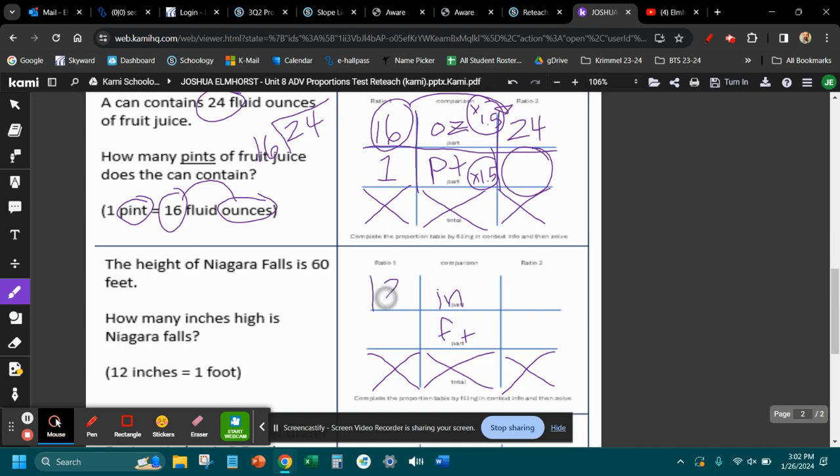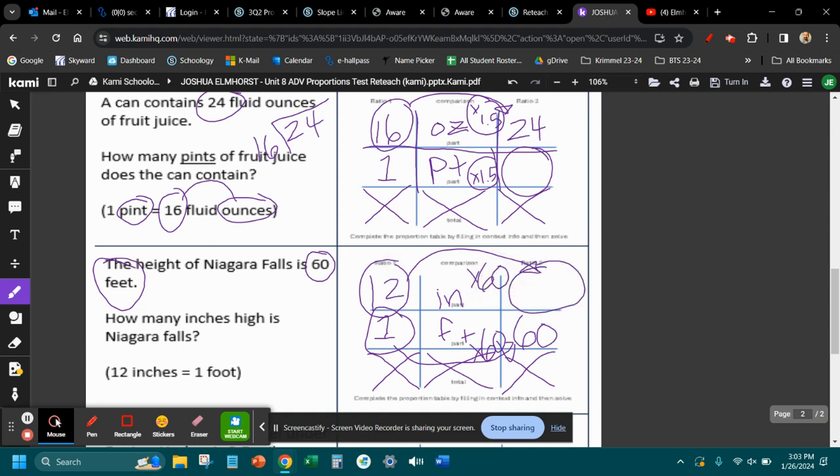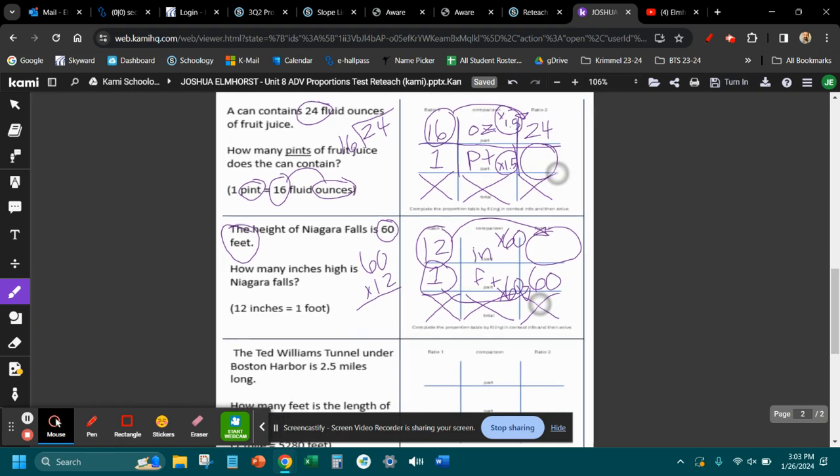Well, we have 12 inches and 1 foot. 60 is in the feet category, so we're going to put 60 directly across from 1 with the feet. Now we do our comparison, times 60, times 60 for the salt. I did not see very many students miss this one. The data was looking really good on that one.